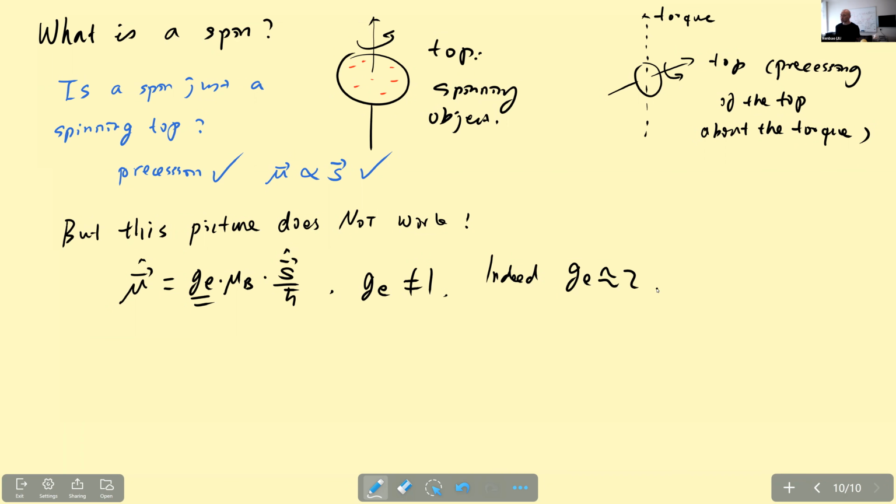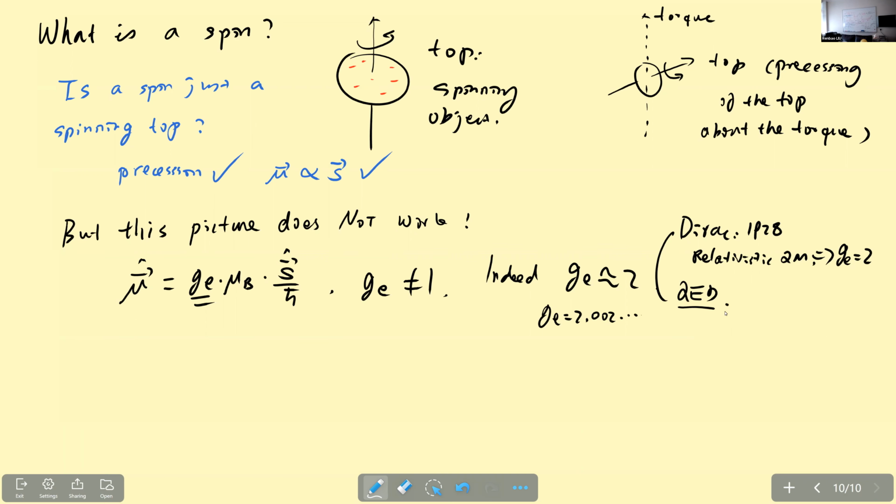And to explain this g equal to 2, Dirac in 1928 came up with relativistic quantum mechanics that gives us the result g equal to 2. But actually, it's not exactly 2. It's g equals 2.002 something. There's a correction of about 1 part in a thousand. So the correction is explained by QED.